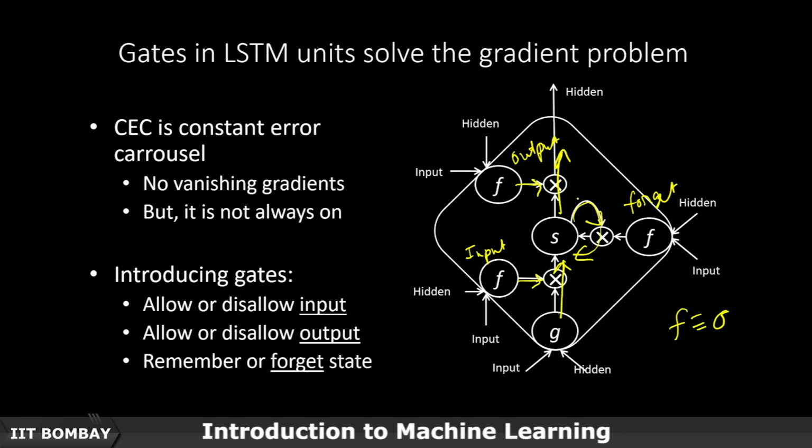That is the idea, and because of this multiplication, that chain of W's getting multiplied with each other gets broken. Now these gates either allow or disallow input, allow or disallow output, allow or disallow remembering of the state itself. There is an internal state which is not accessed directly. These circular arrows mean it comes back in the next time step with one delay.